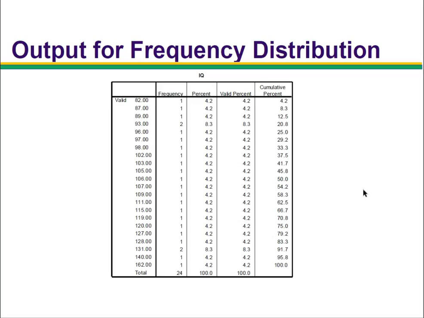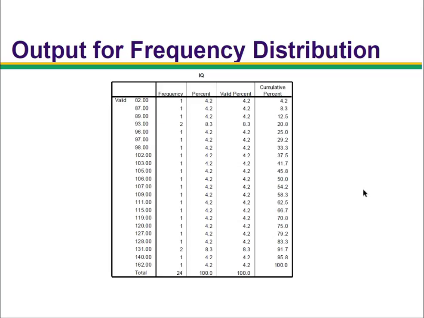So for example, if we create a frequency distribution of the IQ data of both classes combined, we will see something like an IQ of 82 appears twice, 87 appears once, 89 appears once, and so on. This is helpful because it immediately shows us which IQ scores are most common and which ones are more rare.